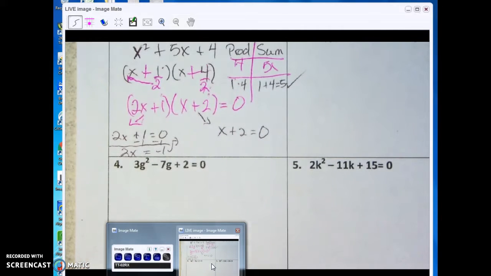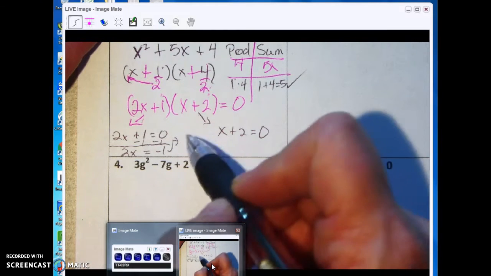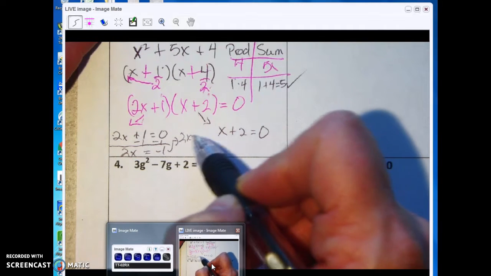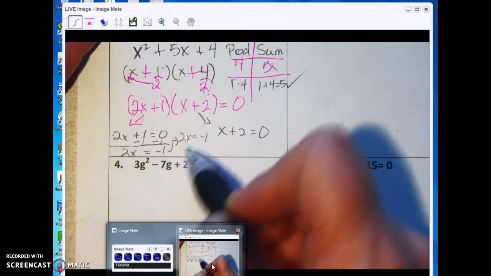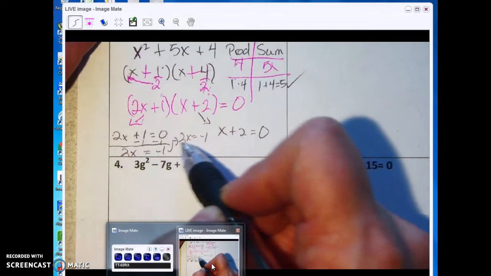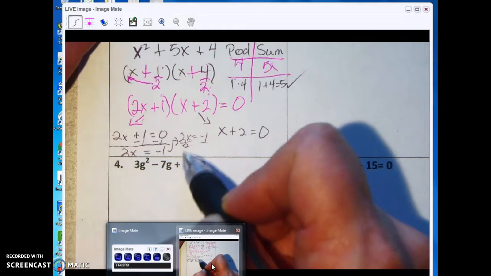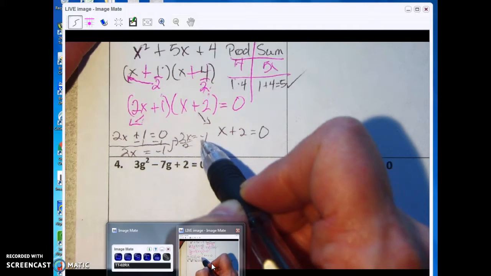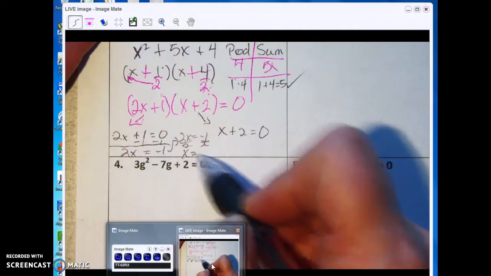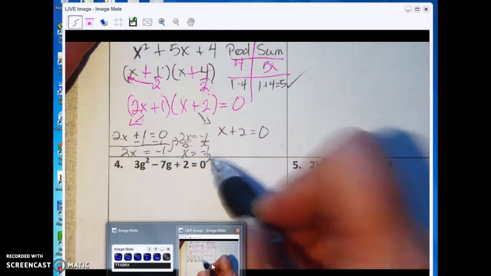Okay, so this is 2x equals negative 1. What do I do? Divide out the 2. And x equals negative 1/2.